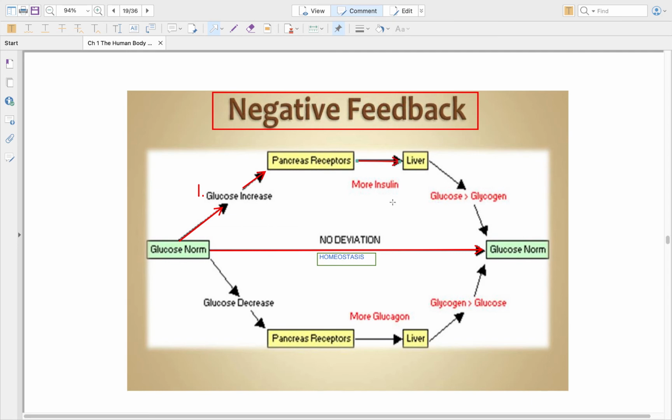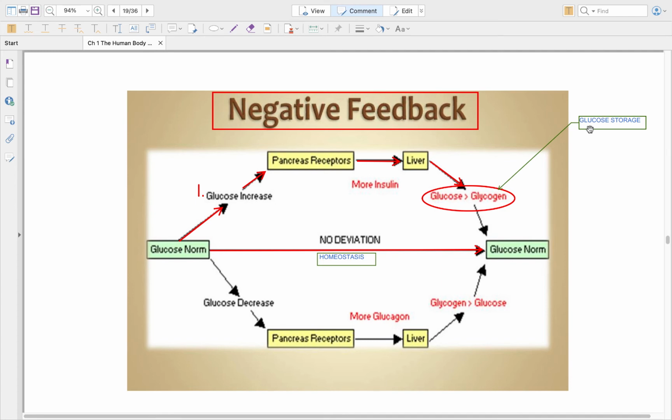And that insulin will act on the liver, and the liver will pull glucose out of your blood so it's not floating around. It's going to store it away in the form of something called glycogen. Glycogen is just glucose storage.